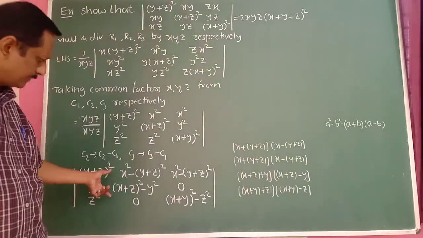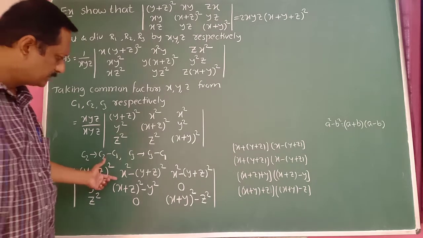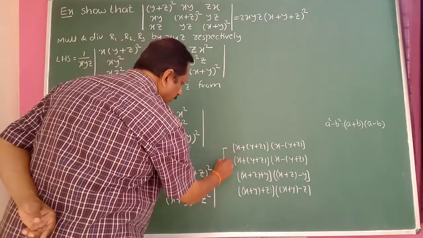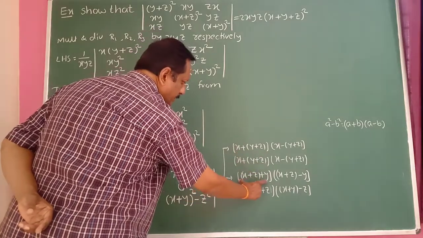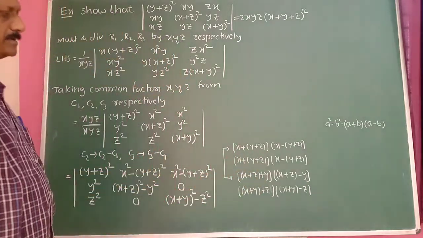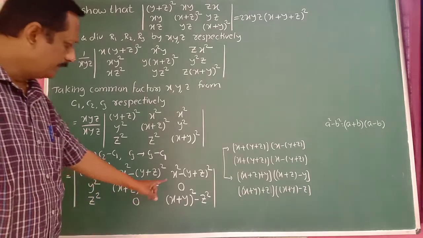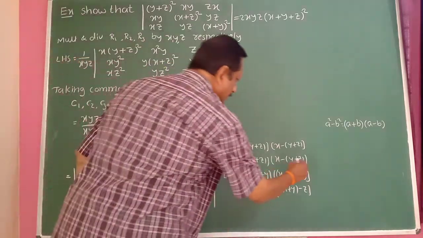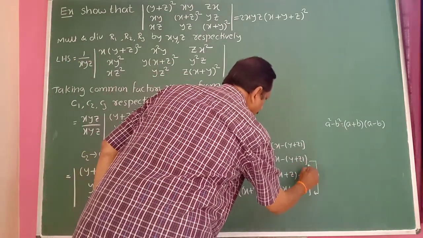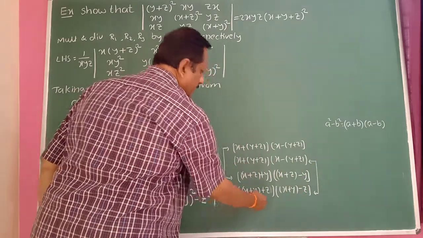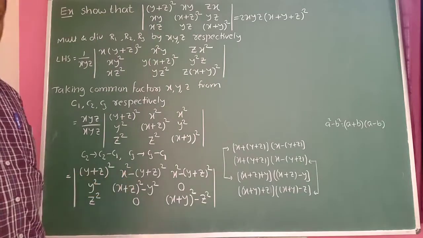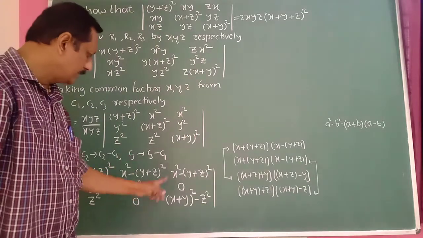You just observe here. From these two, means this one and this one, x plus y plus z here, also x plus y plus z here. So x plus y plus z is a common factor. And from these two terms also, x plus y plus z, x plus y plus z, so x plus y plus z is a common factor from the second and third column.